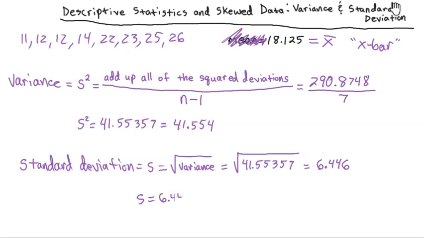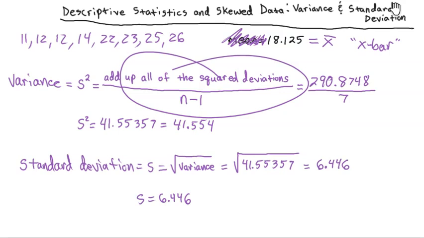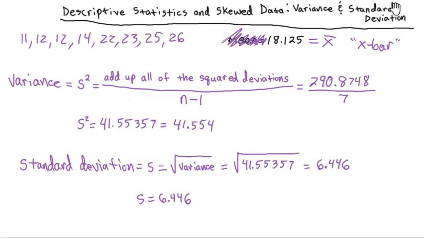Okay? And now the last thing I want to say in this lesson is, well, how can we understand the variance? How could we describe, like give a name to what the variance is? Well, remember how I said that this is very similar to calculating an average, okay, where we added up a bunch of things and then divided by how many there were? Well, we call that an average.